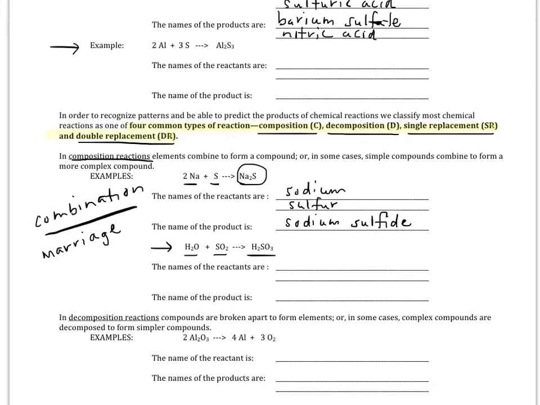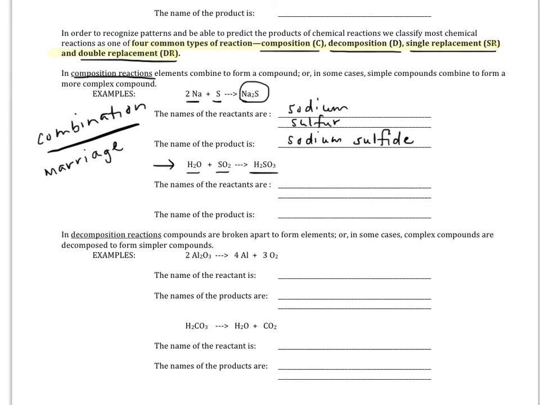Okay. Next type of reaction, a decomposition reaction. Okay, so while composition was the marriage reaction, this is the divorce reaction. So decomposition, divorce. Some of you guys also know that to decompose means to break down or break apart.